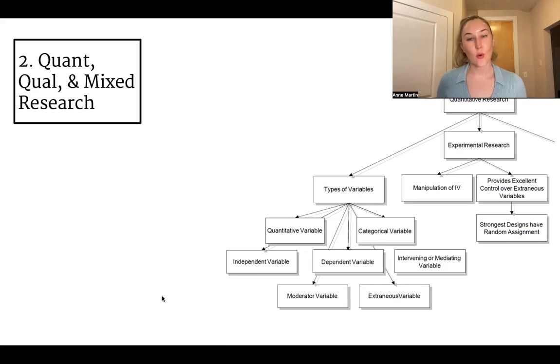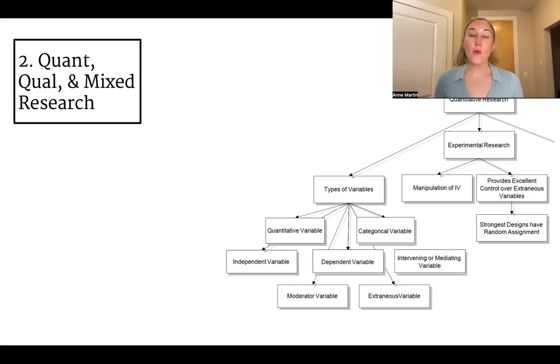There's also categorical variables. Categorical variables might be things like the school that they go to, a geographic location, rural versus urban, race, ethnicity, gender. Oh, well, I guess age would be quantitative, but categorical would be like gender, race, ethnicity, religious orientation.